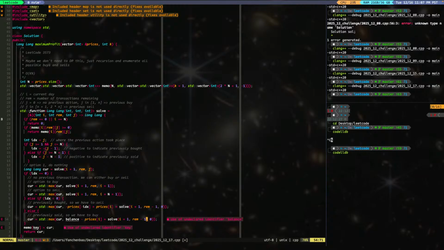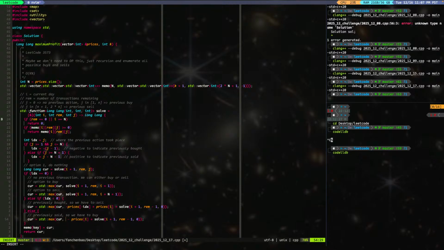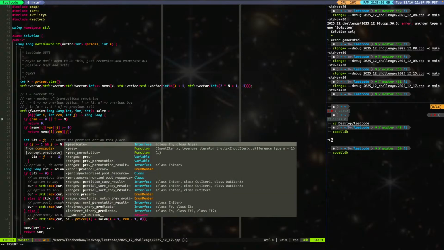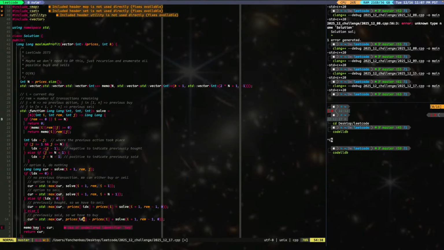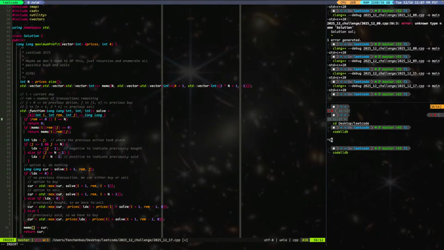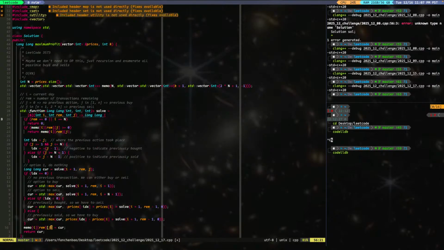And if it's previously sold, then we need to know the previous prices index, because index is positive. That means it's previously sold. And I need to know what the price was when it was previously sold. This is the previously sold. I'm going to do this, and then we do this. And then at the end, we'll do the current I remaining, and then J equal to current.